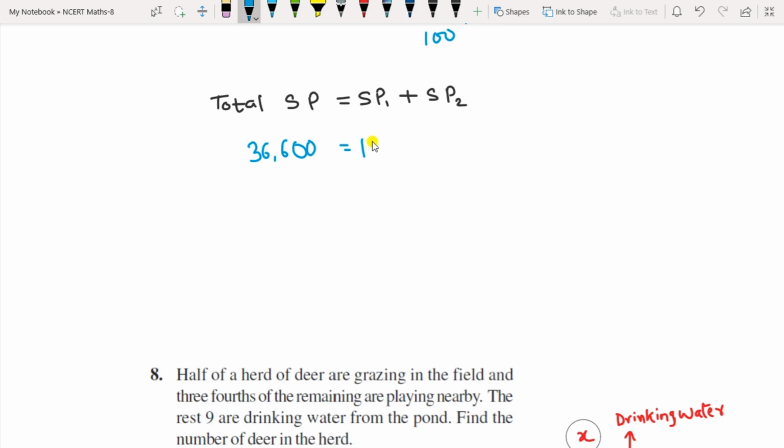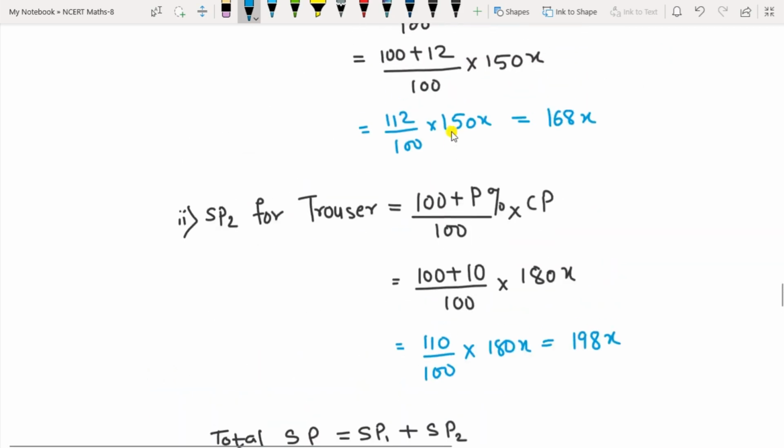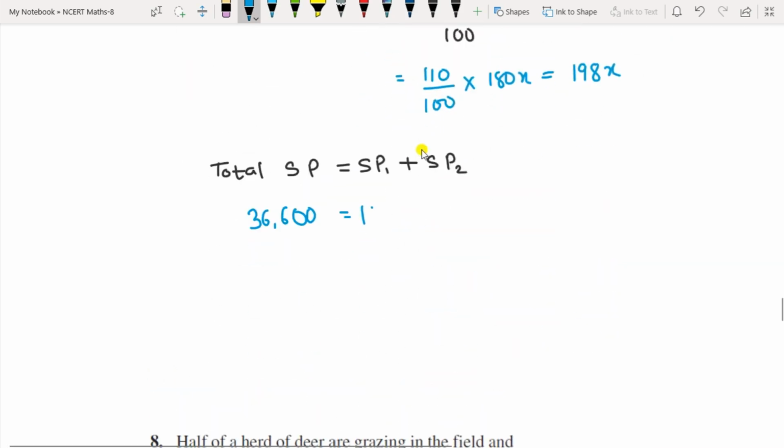And selling price becomes 168x plus 198x. Add these up to 366x, and this is 36,600.